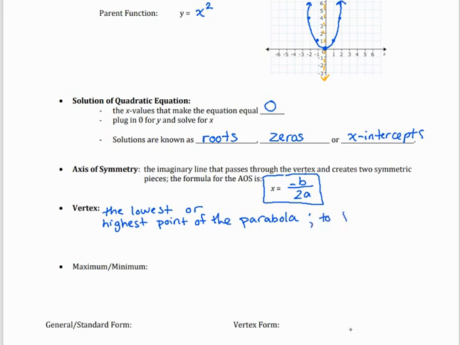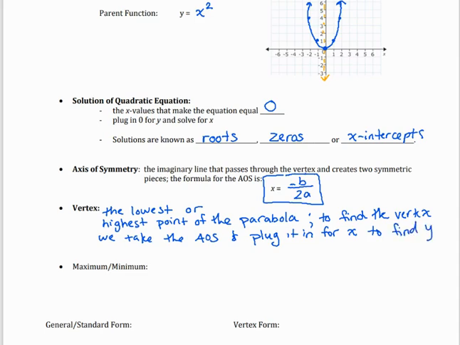To find the vertex, we take the axis of symmetry and plug it in for x to find y, okay? And often then we have an ordered pair, and often that vertex, instead of just simply saying x, y, we also use variables of h and k, okay? And again, we'll see more of that in our examples to come.